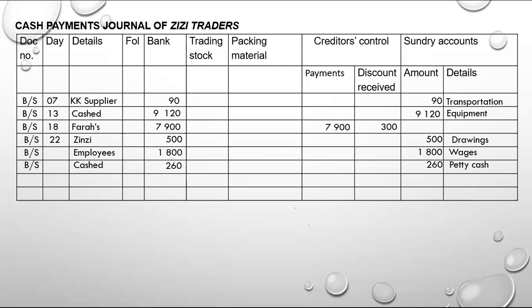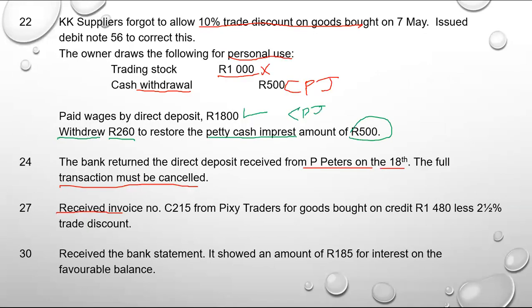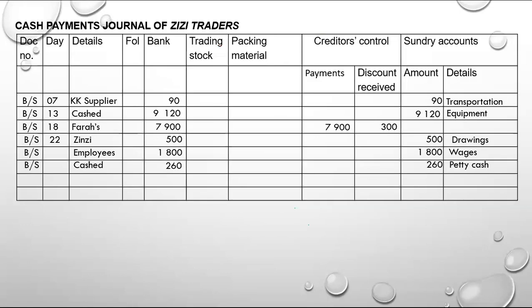Next one. It says that, oh, this is the one that we were talking about. So when we cancel it, we'll cancel it in the CPJ. You'll have BS, the day will be the 24th, and that will be P Peters. P Peters, guys, was a debtor. So we don't have a column for debtors control. Here you only record the cash amount that was received.